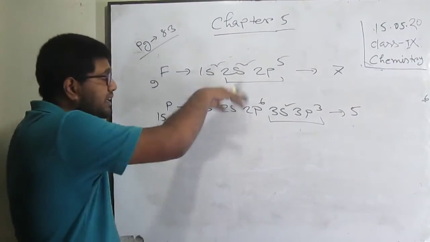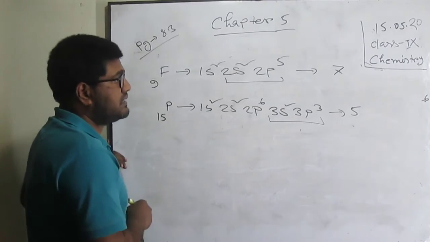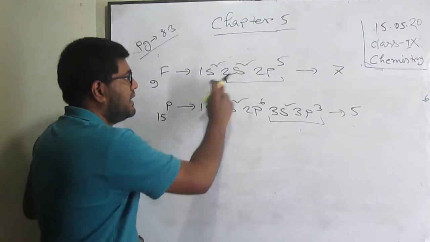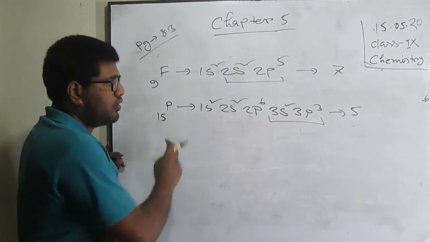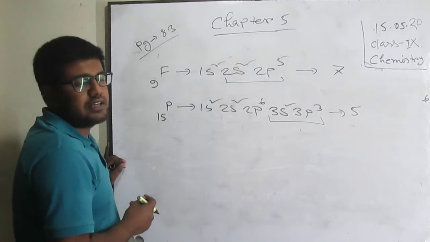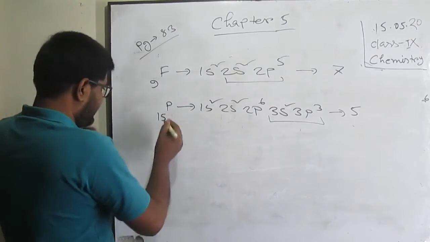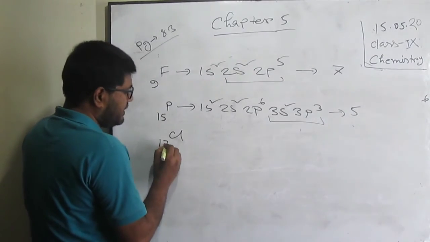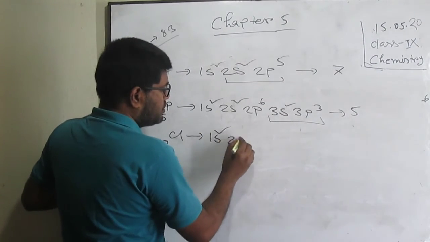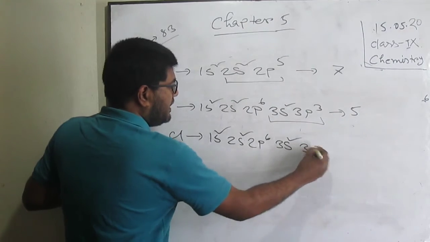Then chlorine. You know the electronic configuration; I explained it in my previous lecture, so I am not explaining it today. I just write the valence electron from here. For chlorine, its atomic number is 17. So the electronic configuration is 1s2, 2s2, 2p6, 3s2, 3p5.